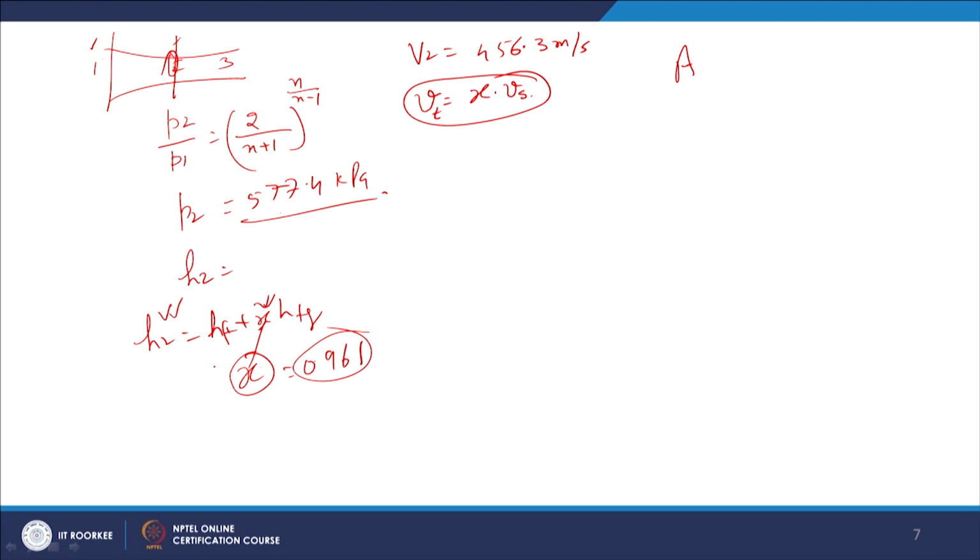V is equal to square root of 2000 (H1 minus H2). We have taken 1000 because specific enthalpies are in kilojoules.